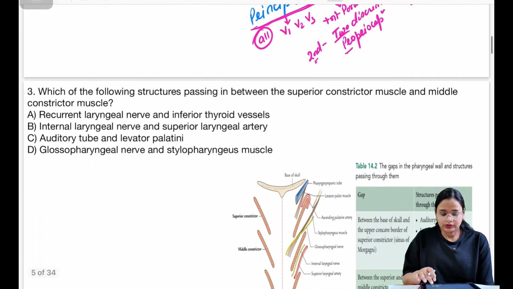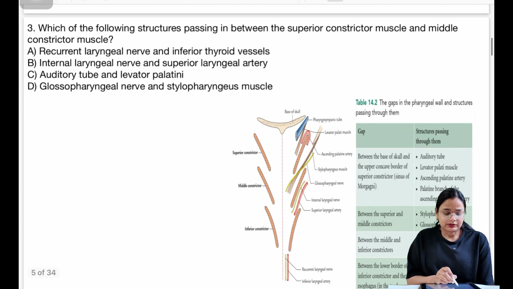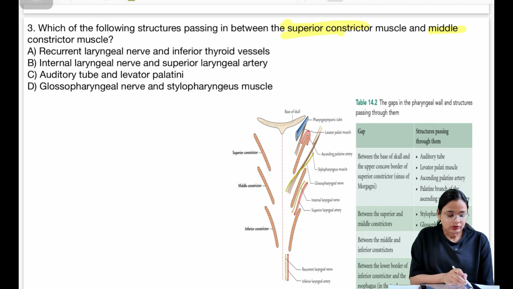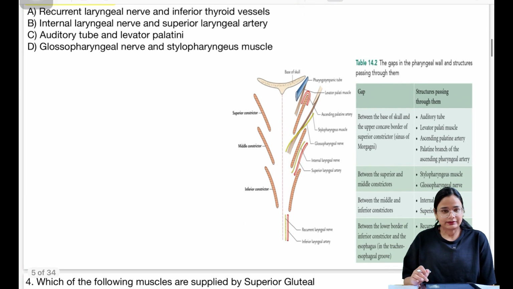Now we will come to the third question. The third question was, which of the following structures pass in between the superior constrictor and middle constrictor muscles. In the pharynx we have three main constrictor muscles: superior constrictor, middle constrictor, and inferior constrictor. In between them some structures are passing, so we need to remember all those areas and the structures passing.